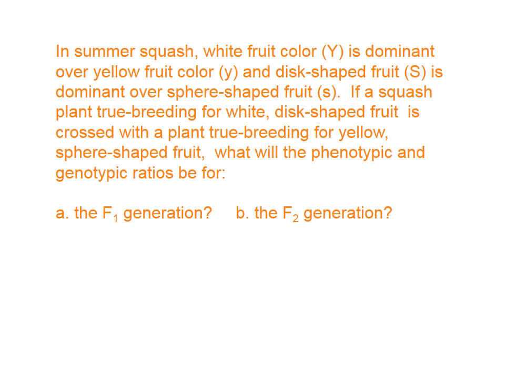Okay, so for the F1s, what was the genotype? All of them were big Y, little y, big S, little s. Phenotypically, all of them, 100%, were what? White disc-shaped. Okay, so then for the F2, you're going to self those F1s, right? So you cross big Y, little y, big S, little s with big Y, little y, big S, little s. What do you have to do first?